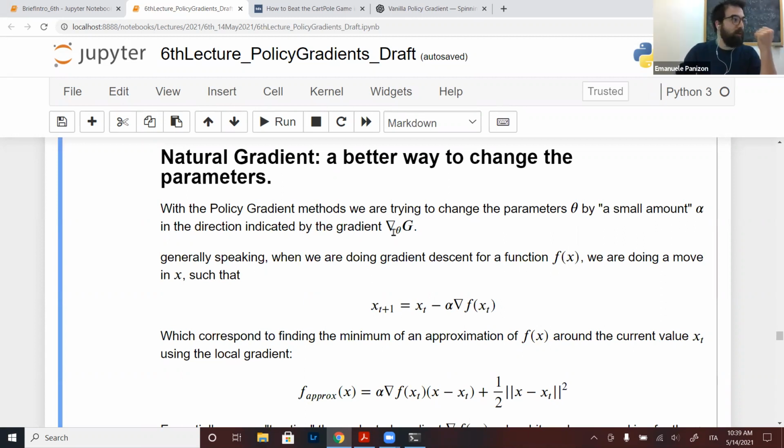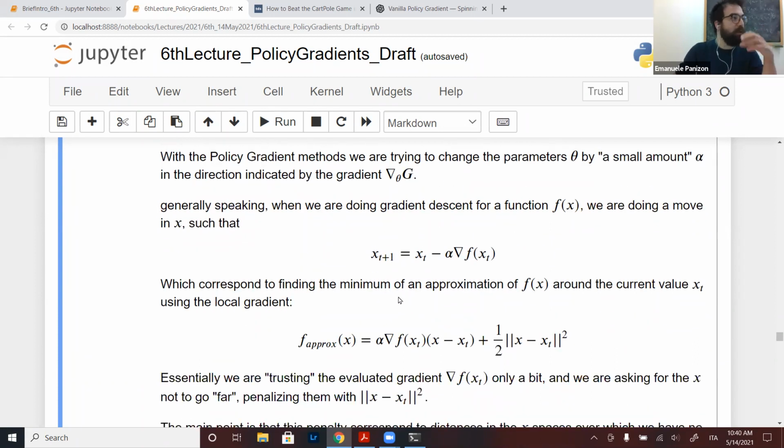What do we mean by small amount? We mean that in general, when we have a function and we're trying to change the variable x such that the new update is the old one minus or plus some term of a gradient, we are doing a minimization not on the true function f, but on a local approximation, which uses the only thing that we know.